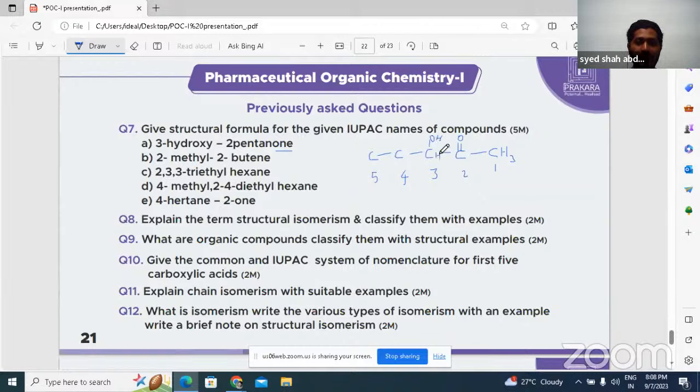Carbon valency is 4, carbon can be bonded to 4. So 3 completed, 1 is there, so CH. Then CH2, and 1 completed, CH3. A lot of students make mistakes in how to write CH2 and CH3.